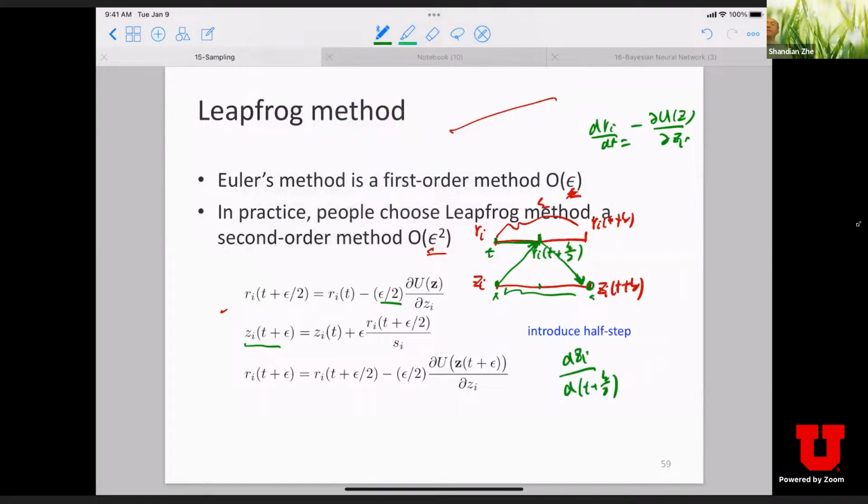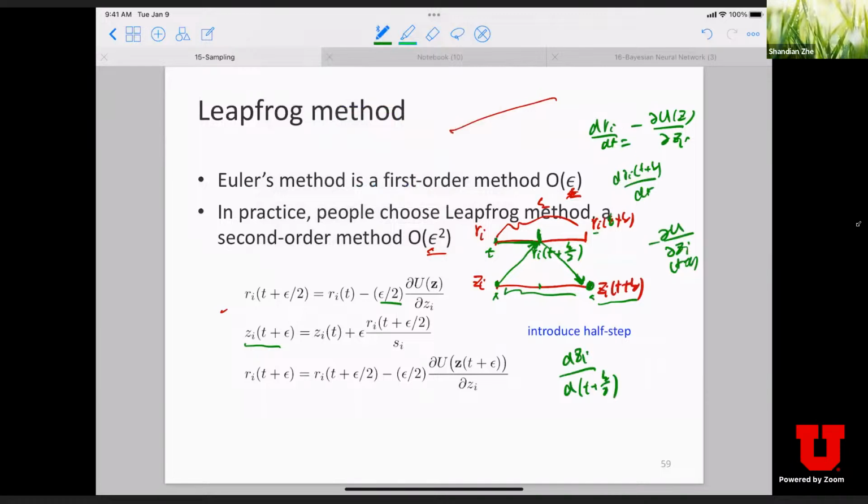And the third step is that I'm going to start from my half step state of Ri to arrive at my target state Ri at t plus epsilon. How can I do that? Now I'm going to use my ending state to calculate the gradient of Ri. We know that dRi at t plus epsilon over dt equals the negative gradient of potential energy over Zi at t plus epsilon.